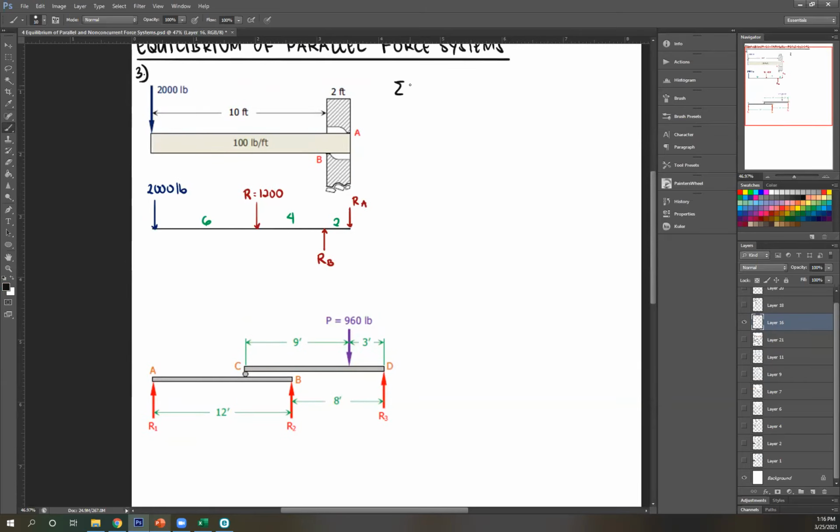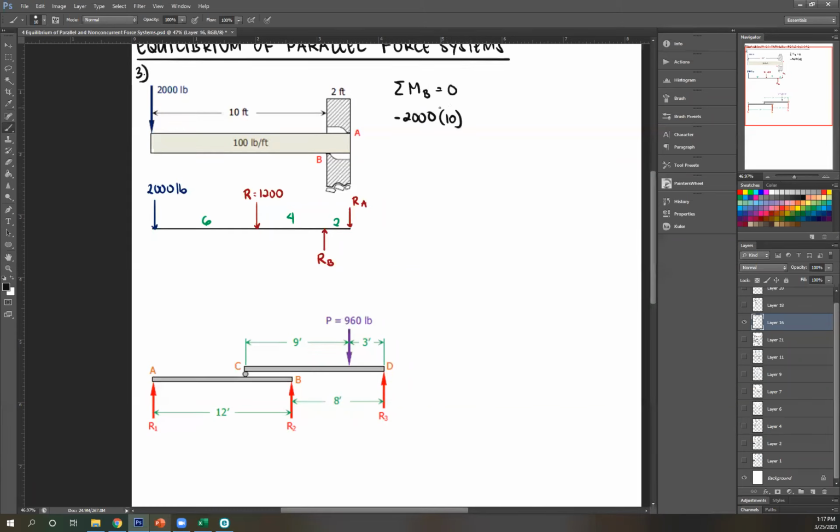Once again, first step is usually summation of moment. So you usually take your moment at the support, so it's either at A or B. Let's say B. Summation of moment at B equals 0. Let's start with the 2,000 pound force. About B, that's counterclockwise. So minus 2,000. Then distance is 6 plus 4, which is 10.